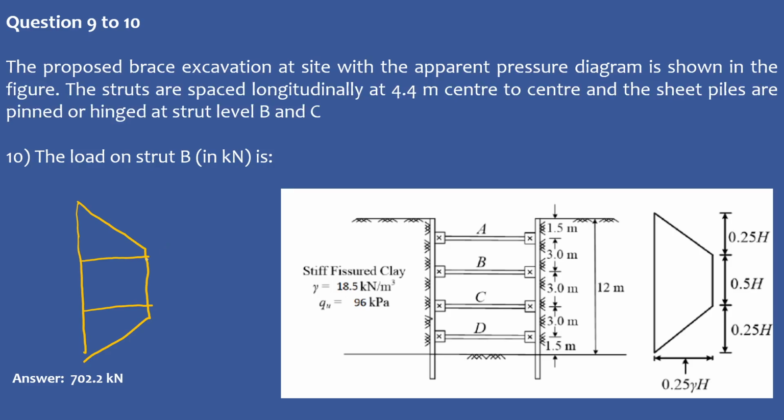So strut B will have two components which it resists: RB1 plus RB2. RB1 is the soil it supports for the upper part, and RB2 is the soil it supports for the below part.